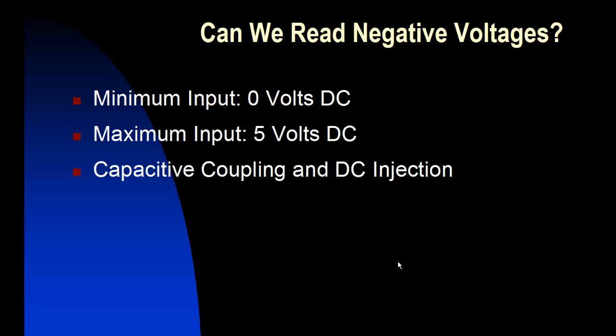Maximum input is 5 volts. I keep repeating this because these are important numbers that we need to remember. We can read negative voltages as long as the voltage swing is no more than 5 volts peak to peak through a method of capacitive coupling and DC injection, but we will cover that towards the end of the course.